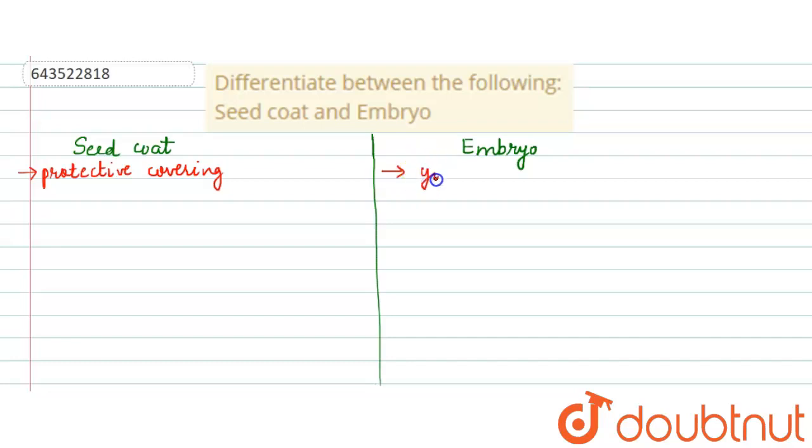So we will write this is a young plant which is enclosed within the seed coat. And now this embryo will germinate when it will get favorable condition. So it is the enclosure of young plant within the seed coat which will eventually grow into a new plant. This was the first point of difference.